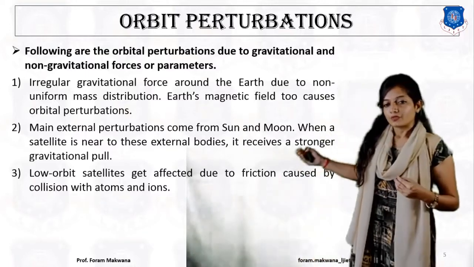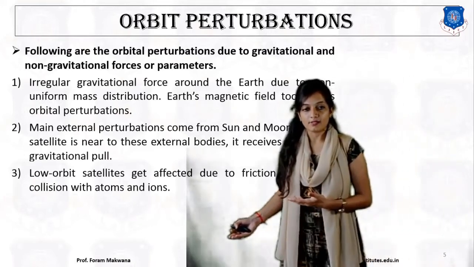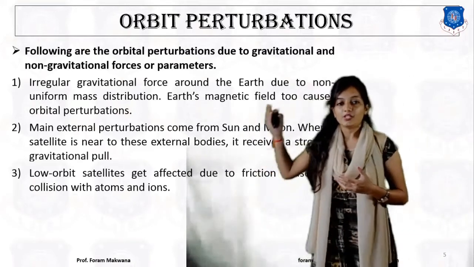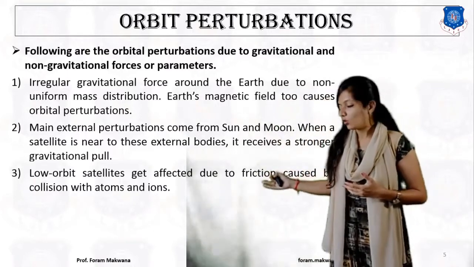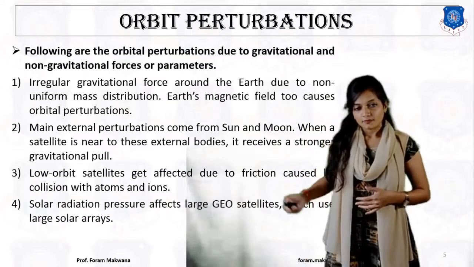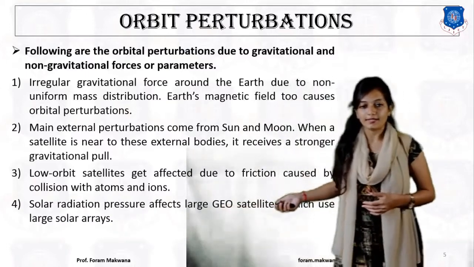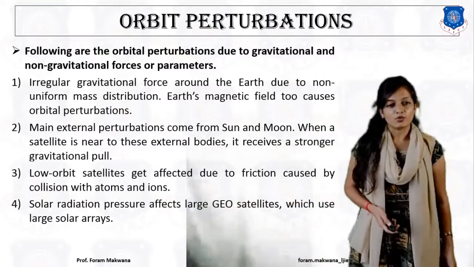So the friction caused by Earth, or the collision with the atoms and ions, will cause a deviation of the low Earth orbit. Fourth, the solar radiation pressure affects the large geosatellite which uses large solar arrays.